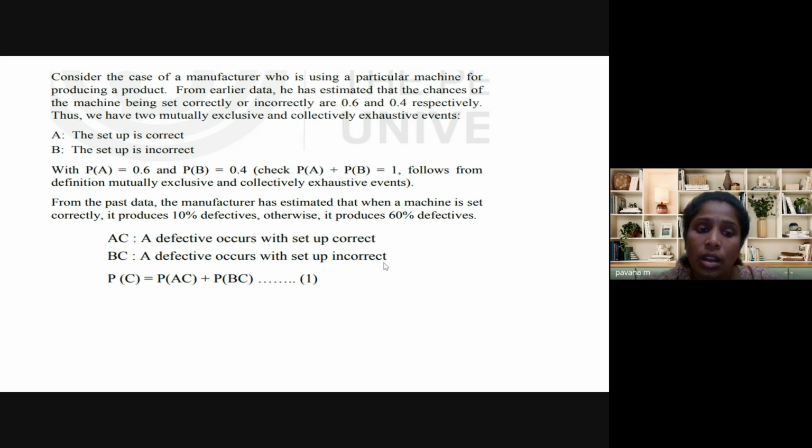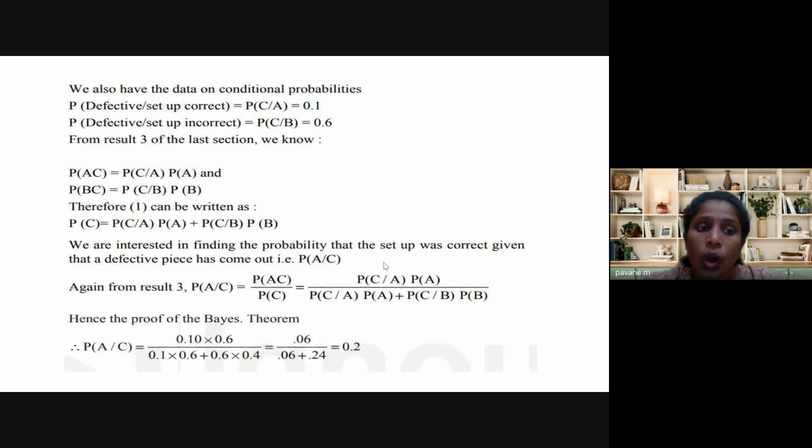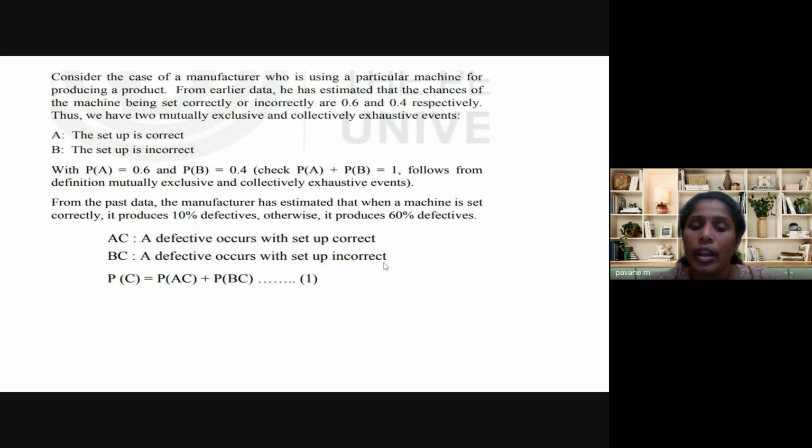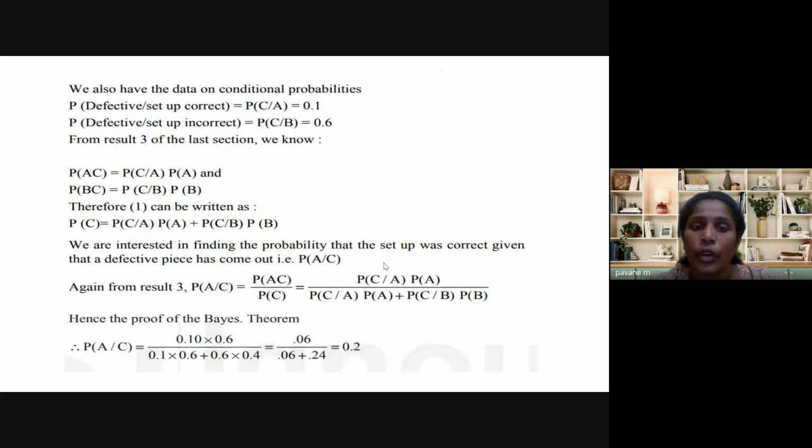Now 10% defective items when it is set correctly means P of C by A is equal to 10 by 100, that is 0.1. And the probability of defective items when it is incorrectly set, incorrectly set means B, so P of C by B is equal to 60%. It is given in the problem, 60% defective, so 60 by 100, that is 0.6.